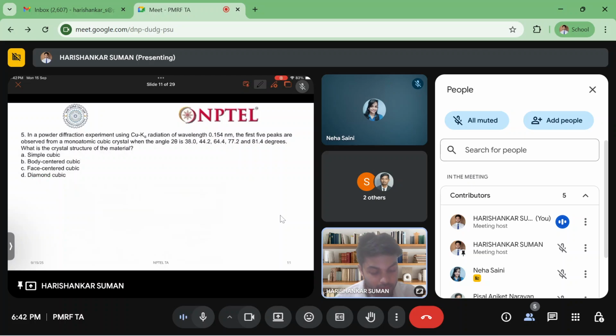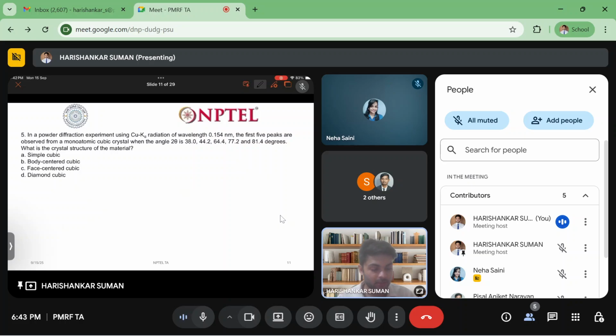Let's see the next question. This is a question on a diffraction experiment using Kα radiation of wavelength 0.154 nanometer.